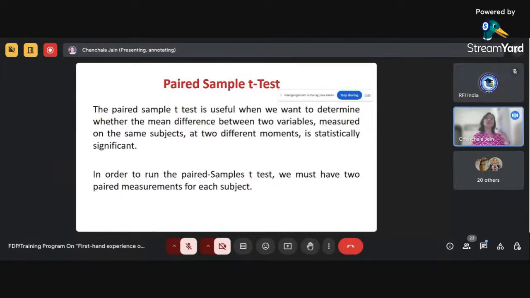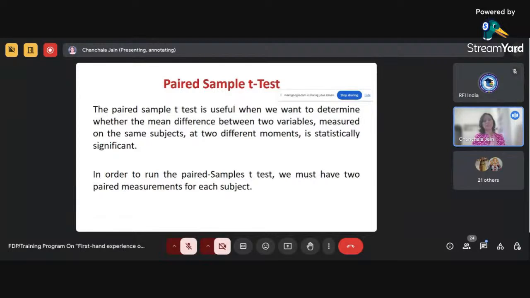In case of the independent sample t-test, we understood that we will be having two samples or two groups which will be unrelated to each other, with no dependency of one group on the other group. When we are saying paired sample t-test, there will be dependency, right?